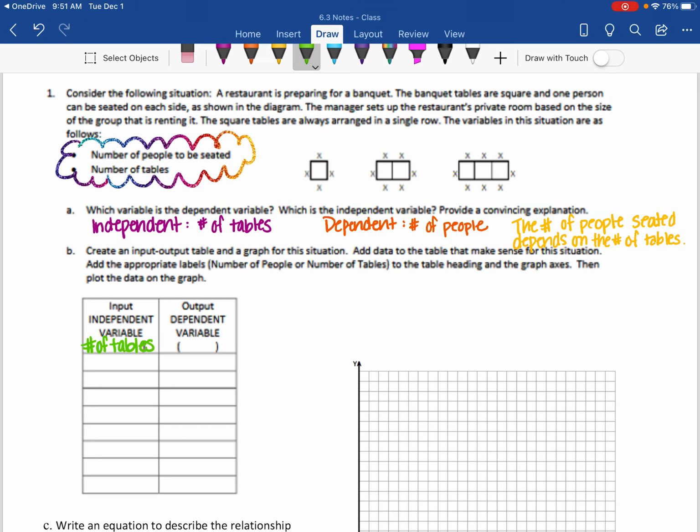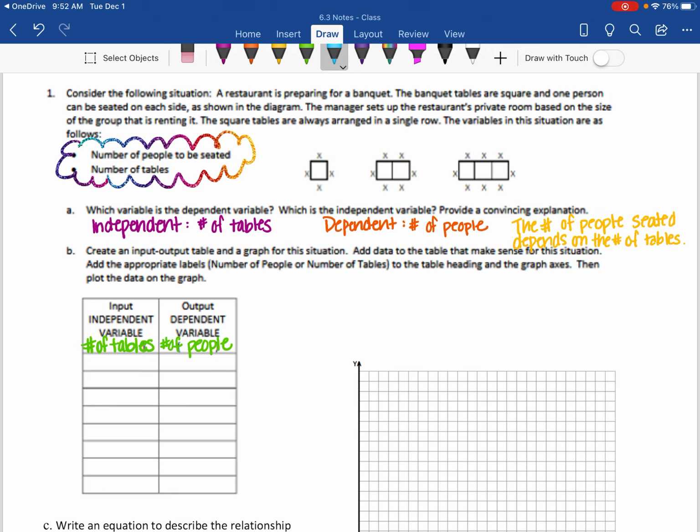Okay. And then our output, or our dependent variable, we said was the number of people. All right, so we can just look at this diagram to fill in the information here.